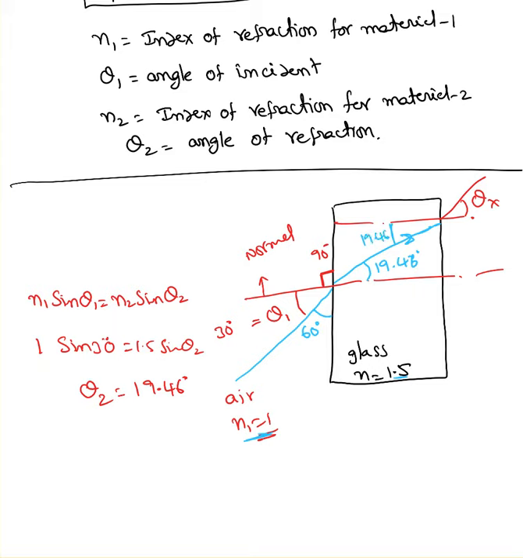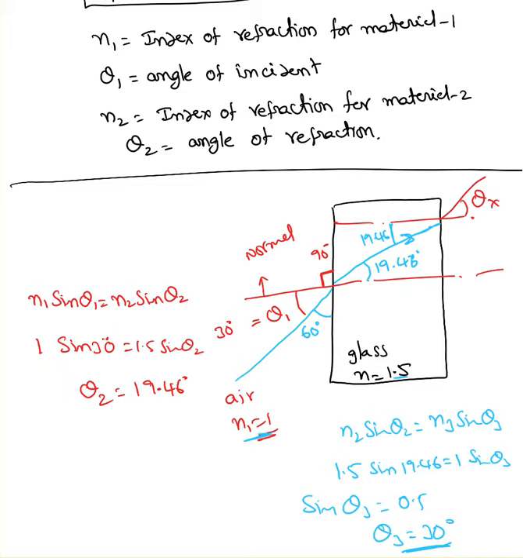So n2 sine theta 2 equals n3 sine theta 3. n2 I know, which is 1.5, sine theta 2 is sine 19.46, and n3 is 1 and sine theta 3. So find the theta 3 value. From here sine theta 3 equals 0.5, so theta 3 equals 30 degrees. I'll solve more examples in the next video. Thank you.